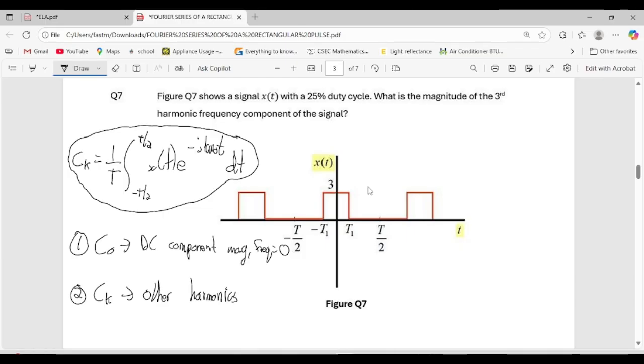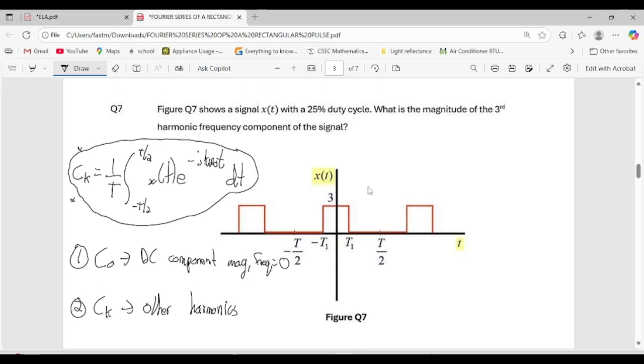You need to know how to get these two, and that is what this video is about, because in the exam he might ask you to get the DC component, or the third or fourth harmonic, or just to get both.